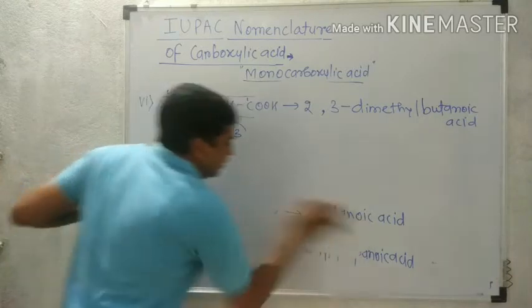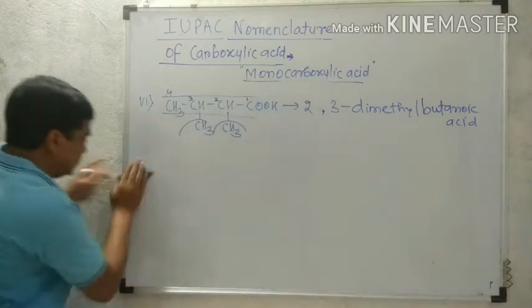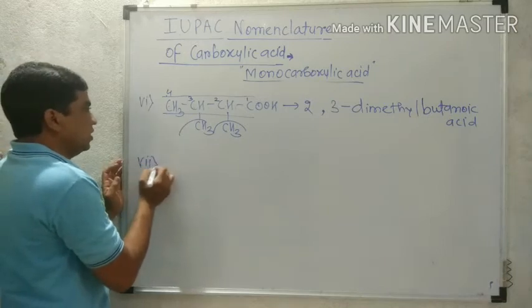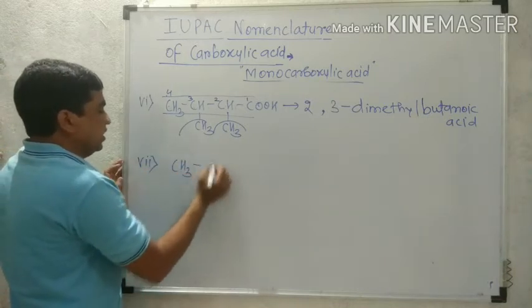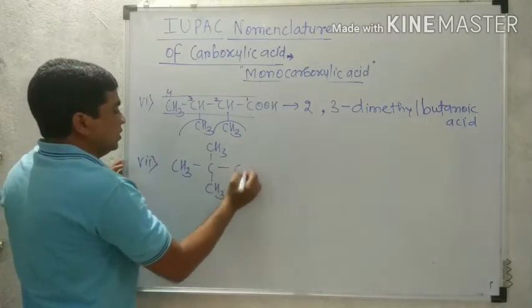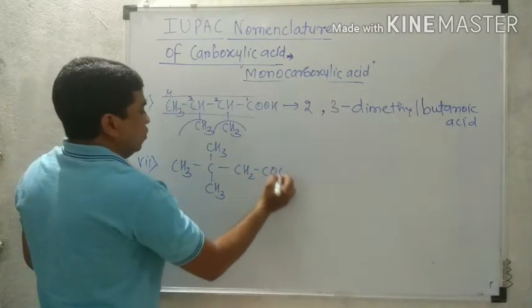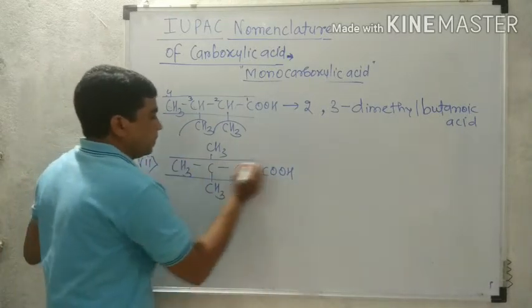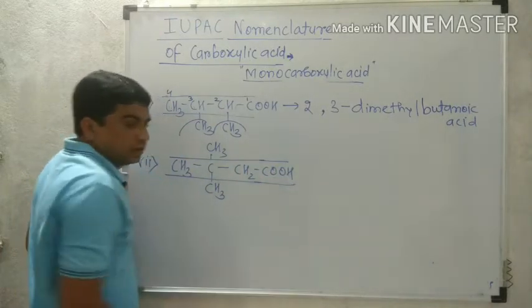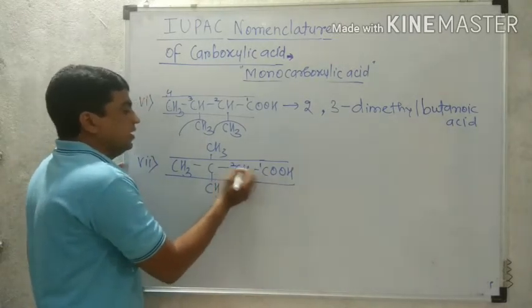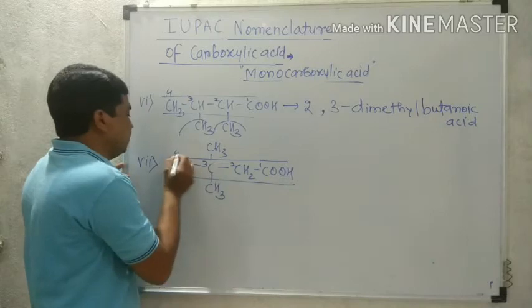Next structure. Remember all these rules and all these structures. If the structure is CH3C(CH3)CH2COOH, in this chain, this is the parent structure. Now number the carbon chain from that end: first, second, third and fourth.